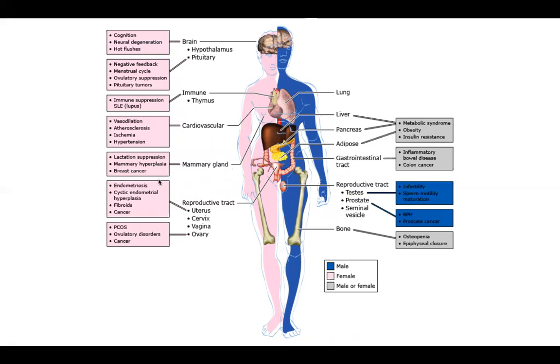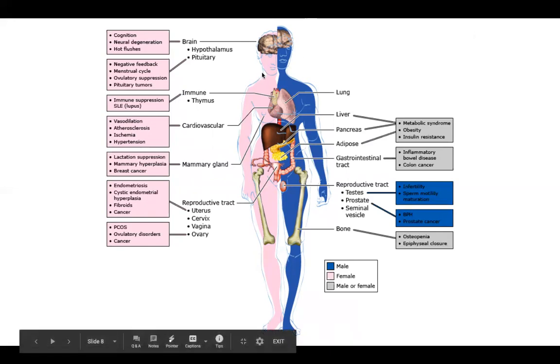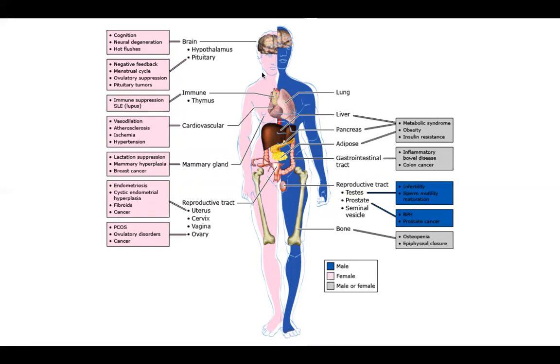You have your mammary glands that are affected, and then obviously your reproductive tract. So I felt like this was a good slide that incorporates how estrogen affects a much more complete area of the human body other than the female reproductive tract.